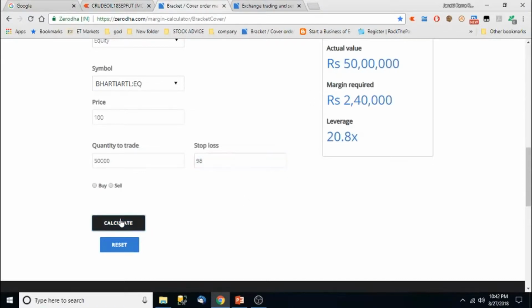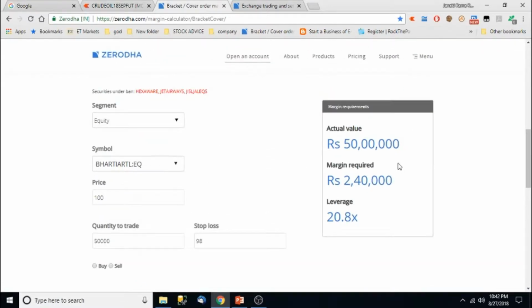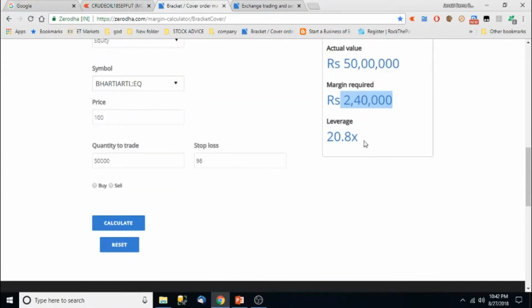Calculate. Actual value is 50 lakhs. Margin required is only 22 lakhs 40,000. We are getting a leverage of 20 times. Or if we change it to 1 rupee, we are getting almost 20 times exposure.